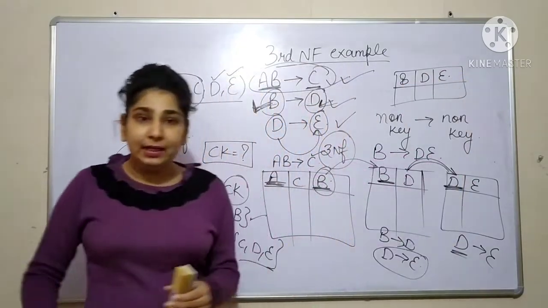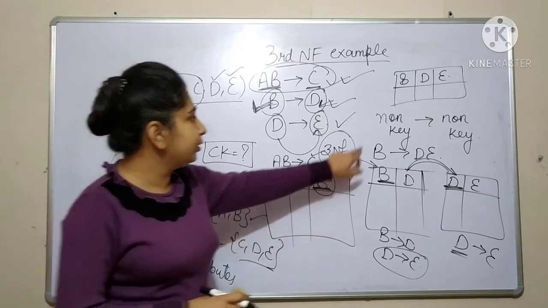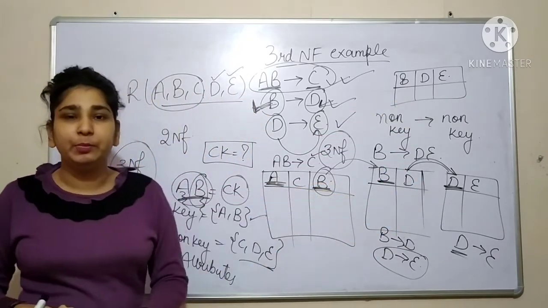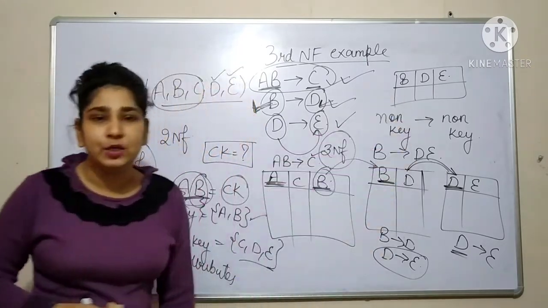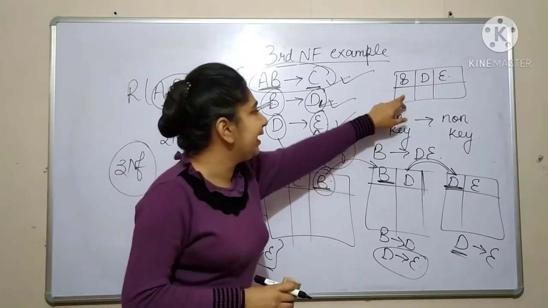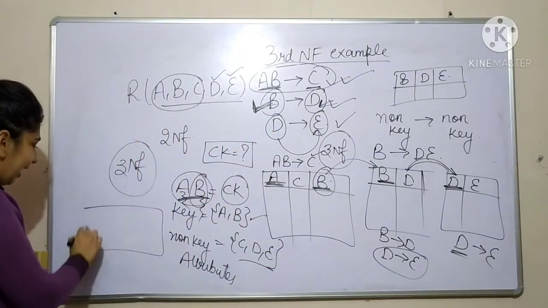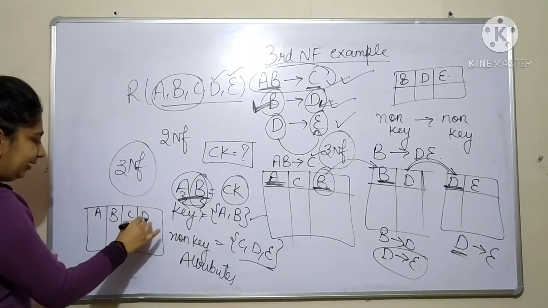Okay, then what will we be doing? We will be combining these two tables. We have B attribute as a common attribute in both these relations. So we will be combining these two relations and that relation has the five attributes A, B, C, D and E.